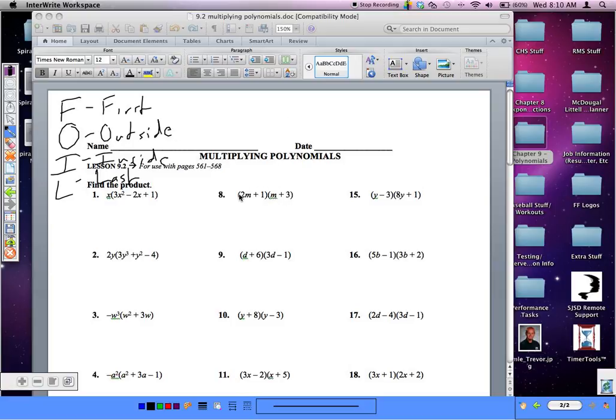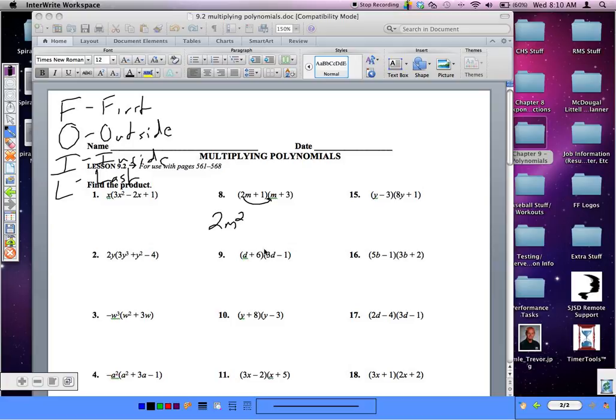The first terms here would be 2m and m. So these are my first terms that multiply. If I multiplied 2m times m, the result would be 2m squared.